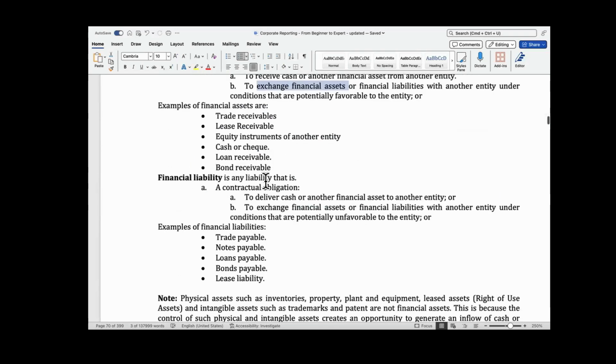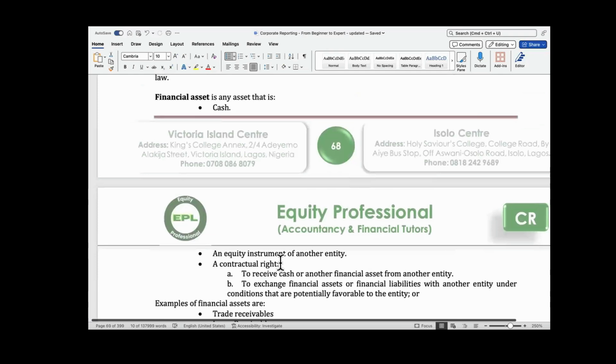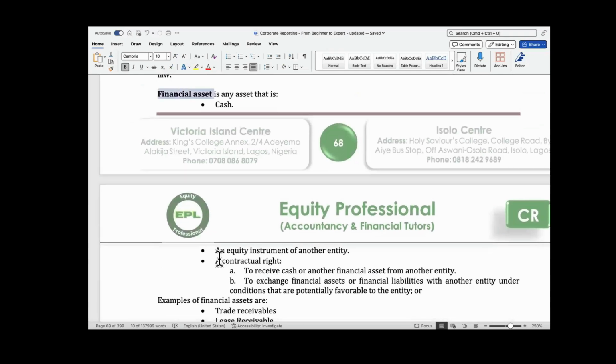Then for liabilities, we said there are contractual obligations to deliver cash or another financial asset, or to exchange financial assets or financial liabilities with another entity under conditions that are potentially unfavorable to the entity. Then we gave some examples as well. And I explained to you very carefully that when it comes to financial assets, you need to understand this contractual right to receive cash. It has to be a right to receive; what you are expecting must be cash.